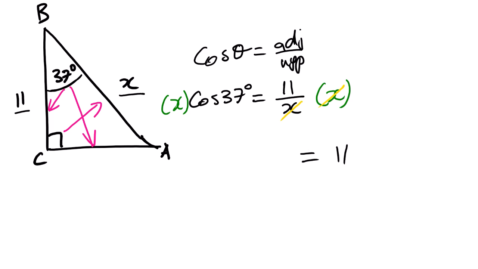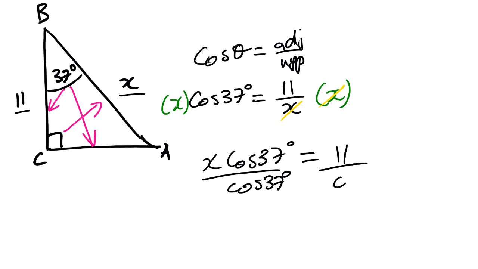This side we have 11. X multiplied by cos 37 is x cos 37. We want to remove cos 37 from x, so we divide by cos 37 on both sides. This will result in 1 multiplied by x, so x is equal to 11 divided by cos 37.